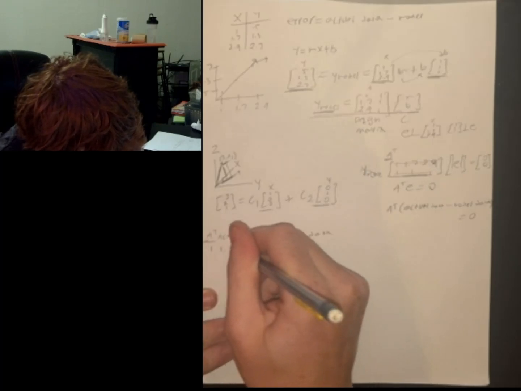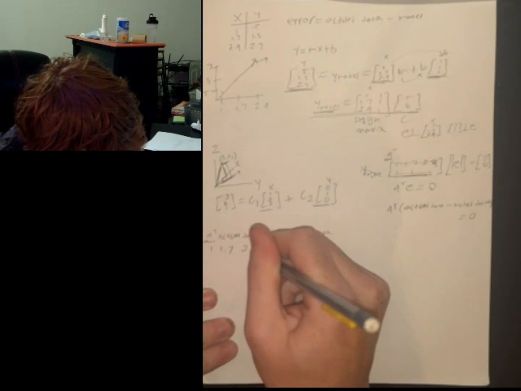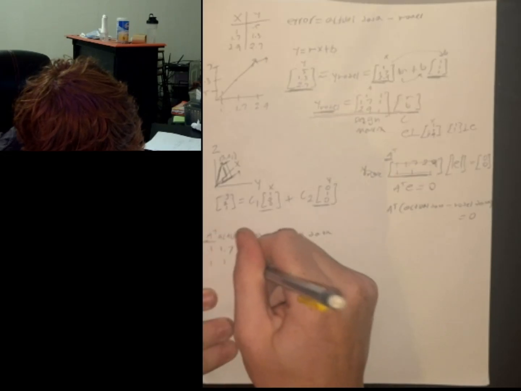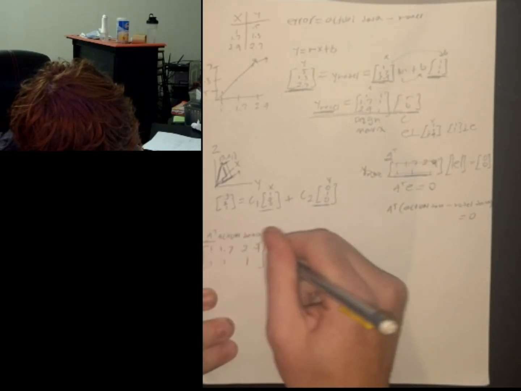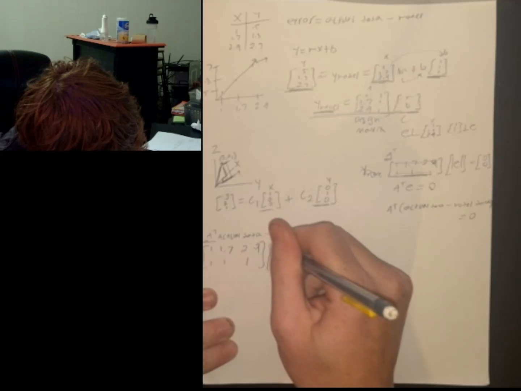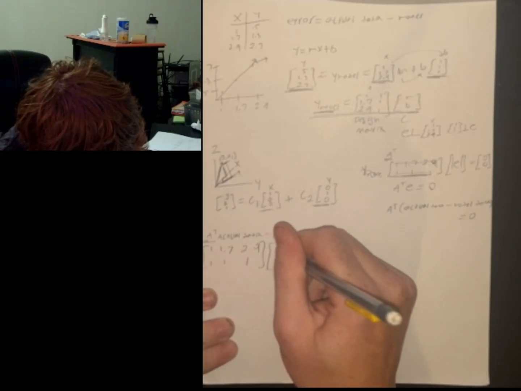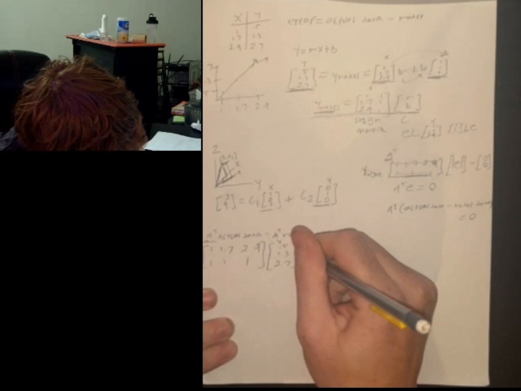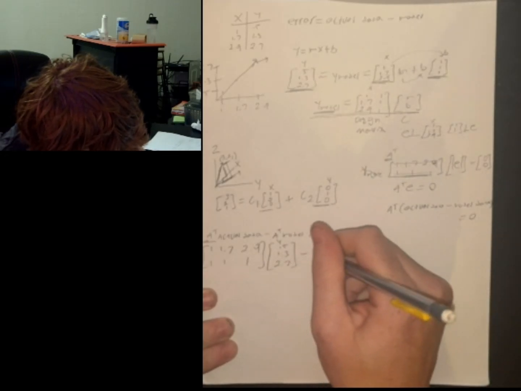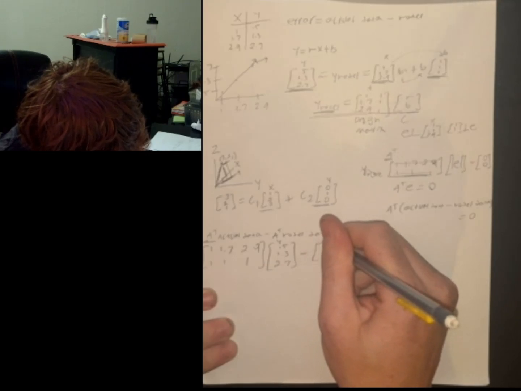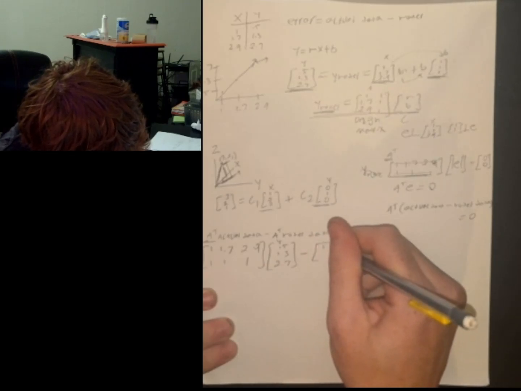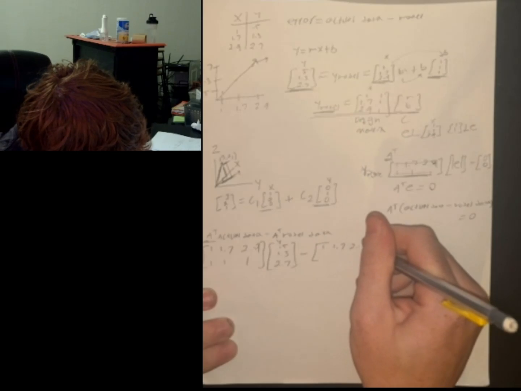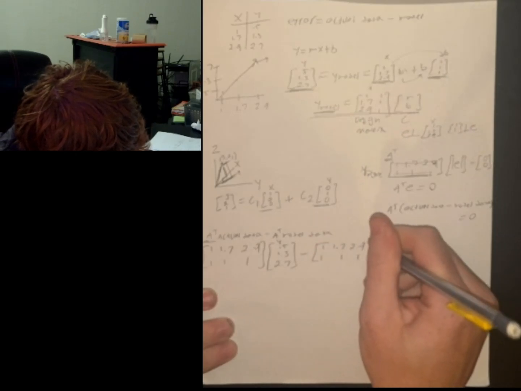So we have all these, so we'll go ahead and plug these in right here. 1, 1.7, 2.9, 1, 1, 1, and our y values, which are 0.5, 1.3, 2.7, and then minus the transposed matrix again, which is 1, 1.7, 2.9, 1, 1, 1.